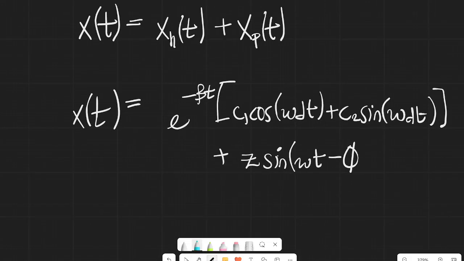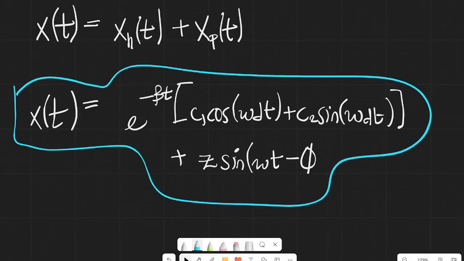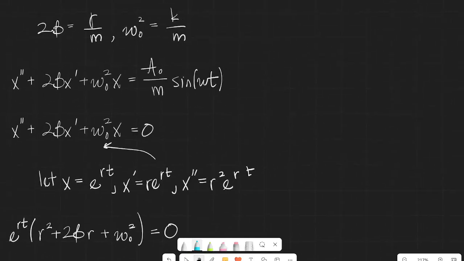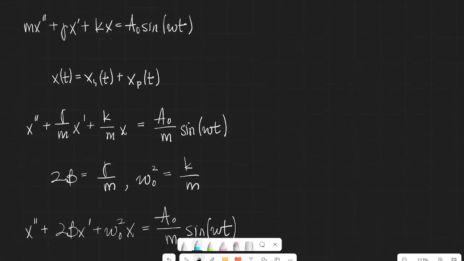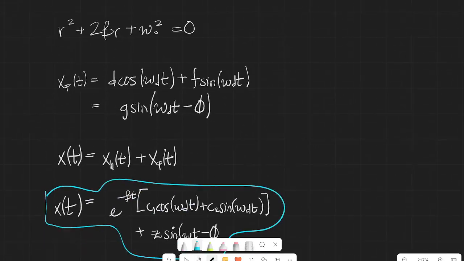And that is the solution that solves the differential equation that models this underdamped oscillatory motion.